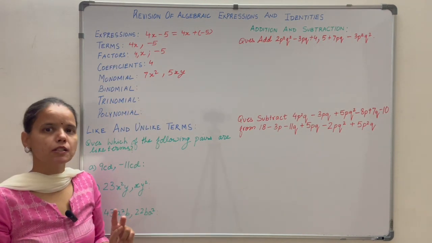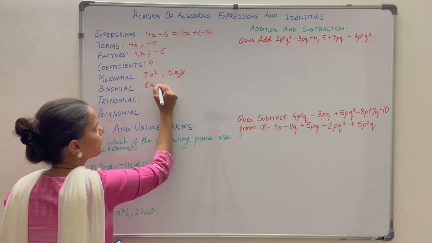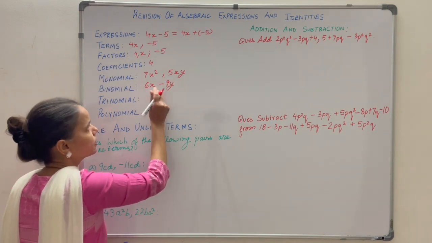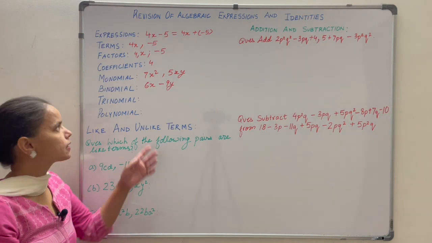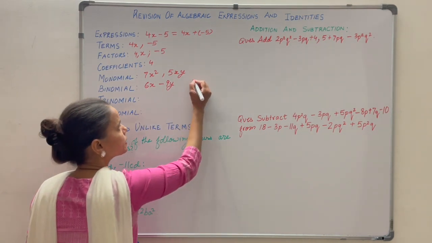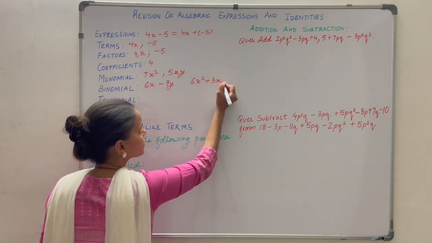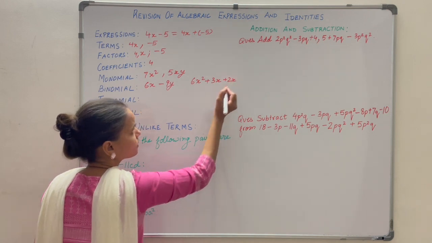Binomial: expressions having two terms. For example, 6x minus 9y. This is a binomial. It has two terms. If I take one more example here, 6x square plus 3x plus 2x.